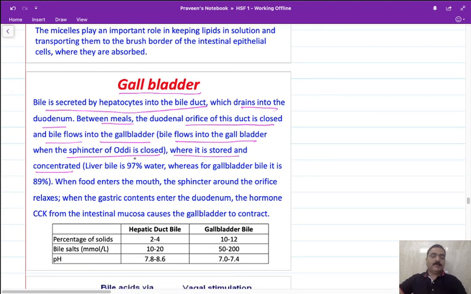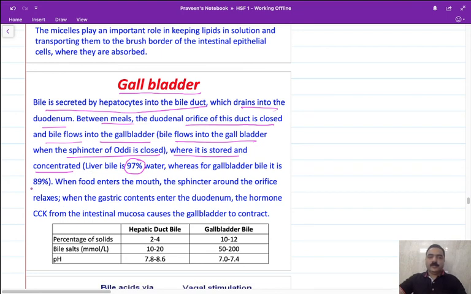So previously we have seen there is 97% water, but what does the gallbladder do? It does not have, like the urinary bladder, the epithelium or the muscular nature in order to expand. Okay, so that property is there for the urinary bladder, but the gallbladder cannot expand in nature. Instead, what they do, they keep absorbing the water and make it more and more concentrated.